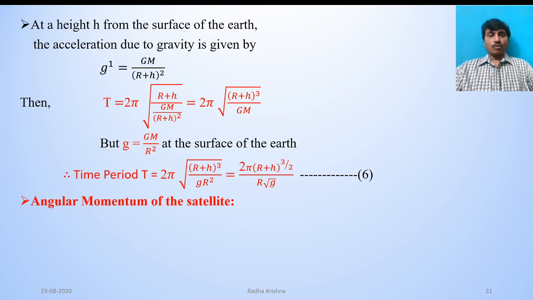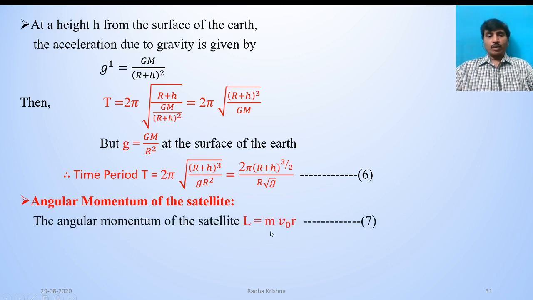Now we derive the expression for angular momentum of the satellite. The angular momentum of the satellite L is equal to m v0 into r, that is linear momentum into radius. m v0 is linear momentum of the satellite and r is the radius of the orbit.